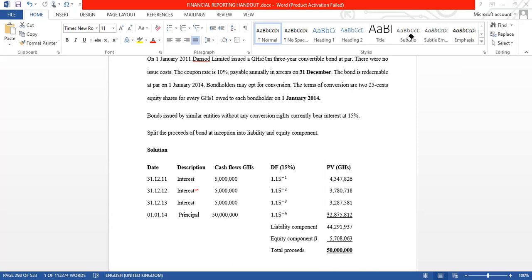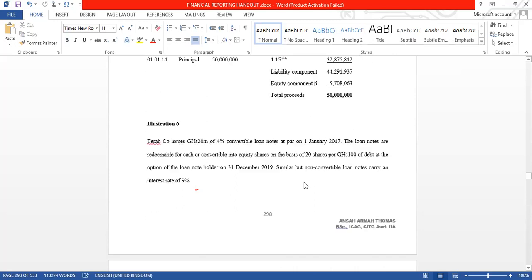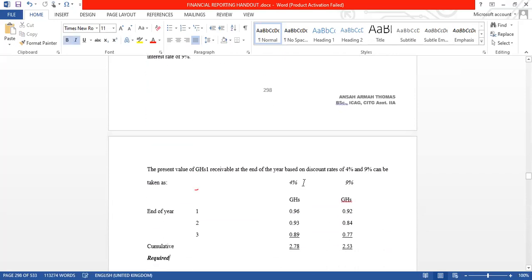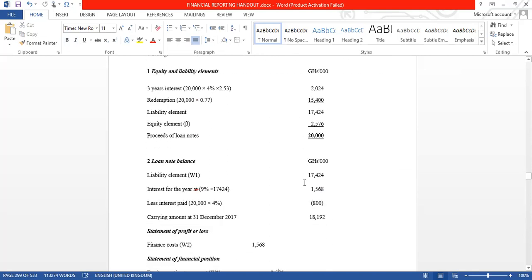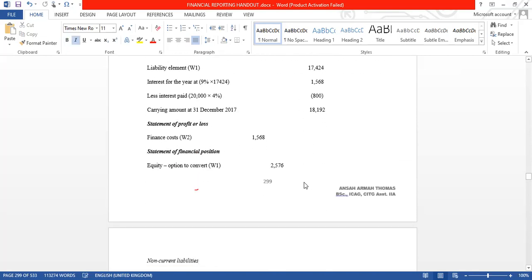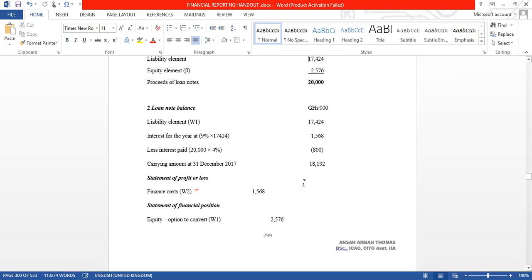So what I want to go through and show you is how you go about your subsequent measurement, which this one did not show. Let me just pull up a question that has it. Okay, so this illustration for you.